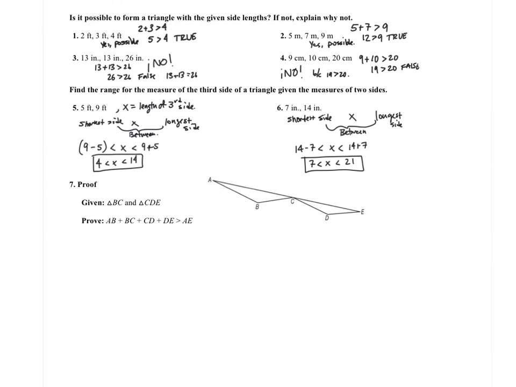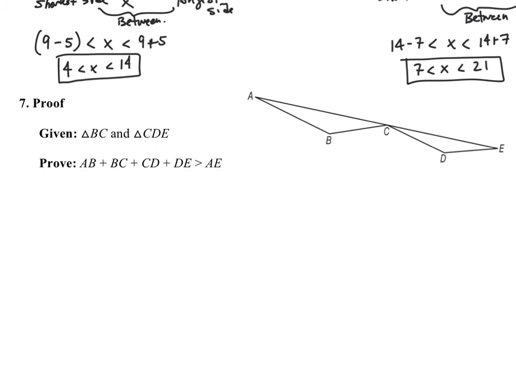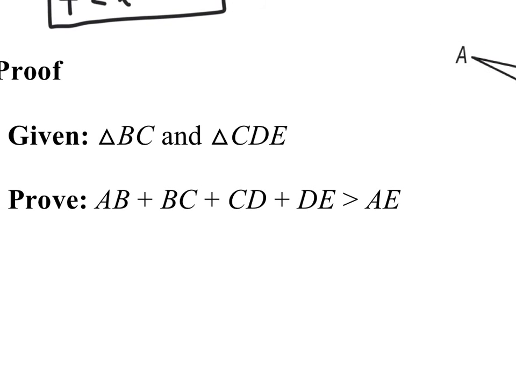Okay, let's take a look at this proof here, and let's just read through this. So you're given that triangle. And this should be ABC. Let me zoom in here and rewrite this as triangle ABC.